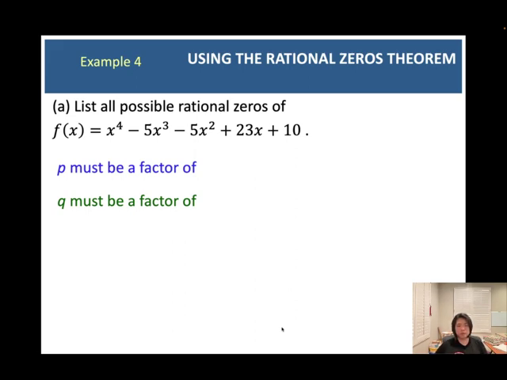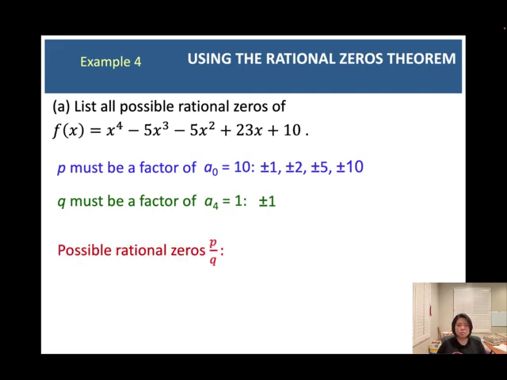Okay, P must be a factor of the constant a0 equal to 10, right? And then Q will be the leading coefficient, which is going to be positive 1. And then the factors of 10 can be 1 times 10, 2 times 5, and then all plus minus. And here, it will be only plus minus 1, right?